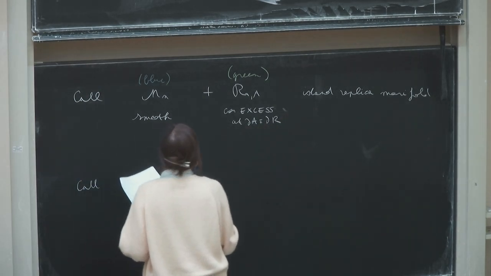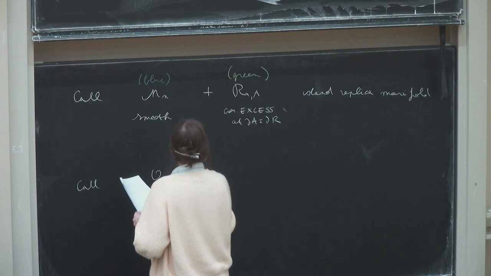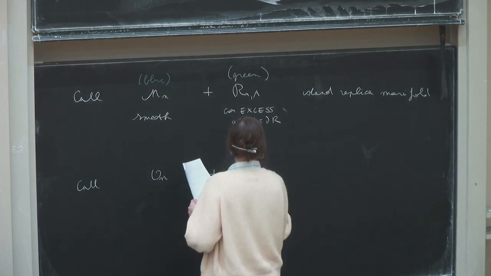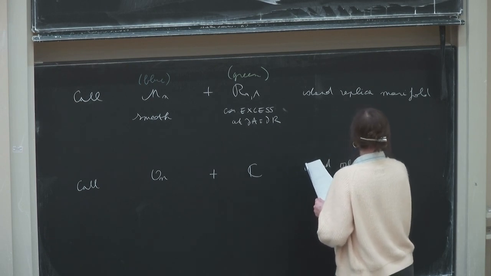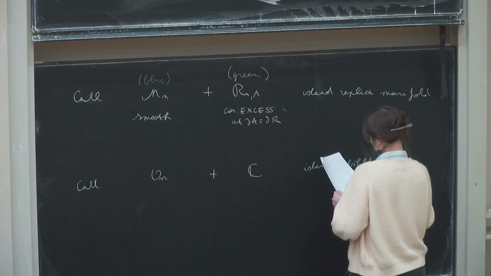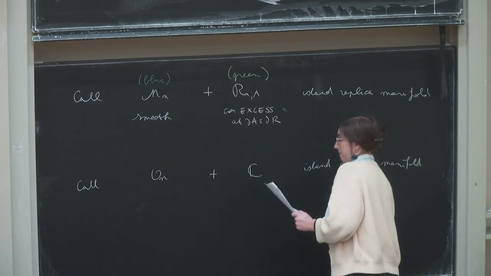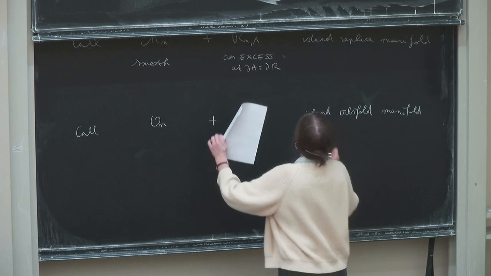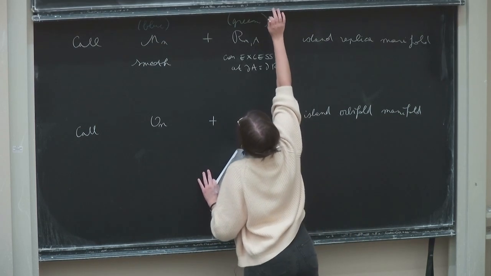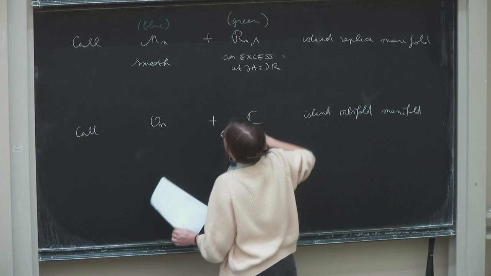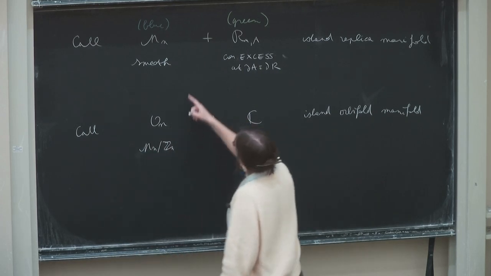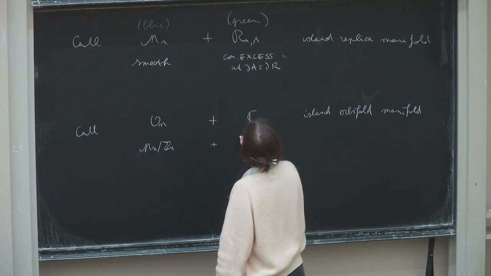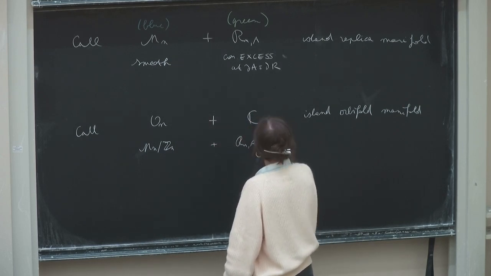So this was for the replica manifold, and then O_n plus C is what we can call the island orbifold manifold. And so it's the quotient of the replica manifold plus the quotient of the non-gravitational part of the replica manifold here.